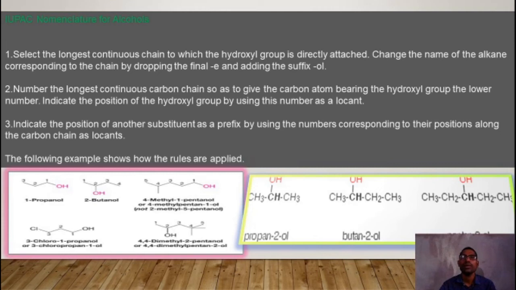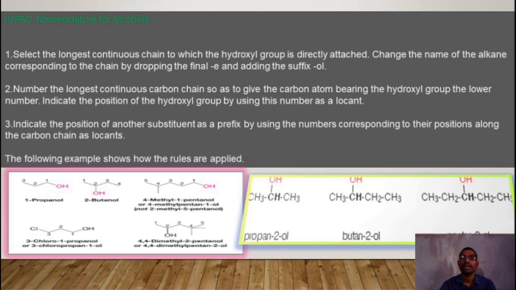Now number the longest continuous carbon chain so as to give the carbon atom bearing the hydroxyl group the lowest possible number. This number is used as a locant to indicate the position of the hydroxyl group.